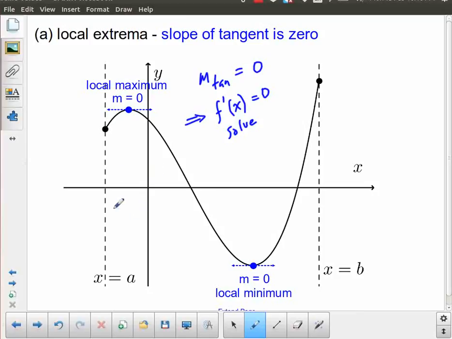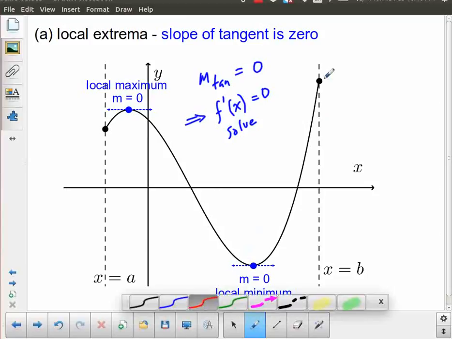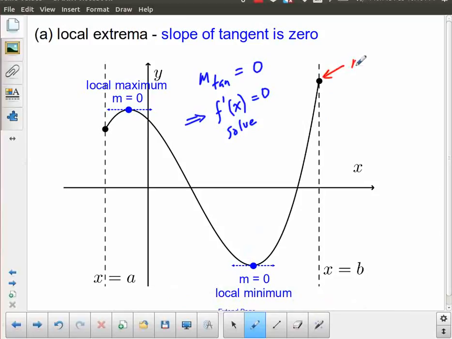The next thing we have to consider are absolutes, which would be, in this subsection of graph that I've shown, what is the highest and what is the lowest point? And the highest point is right there. That's our maximum, and that's known as our absolute maximum.